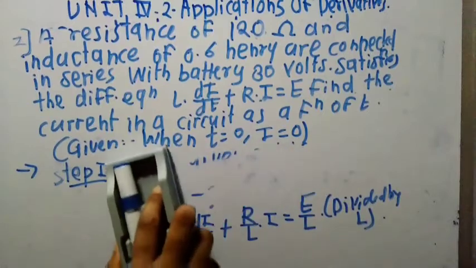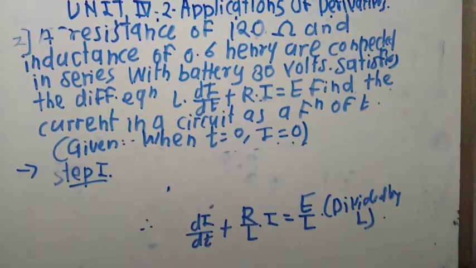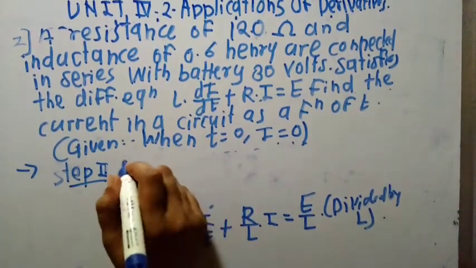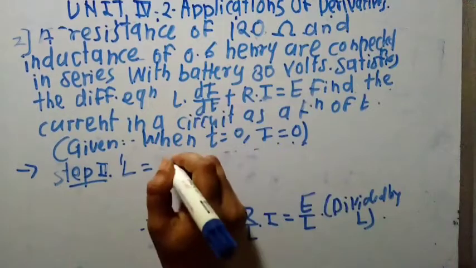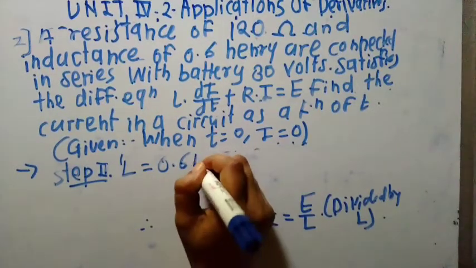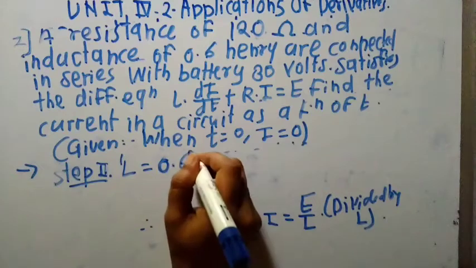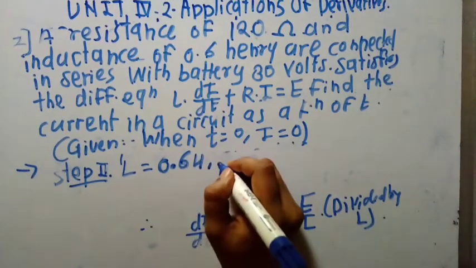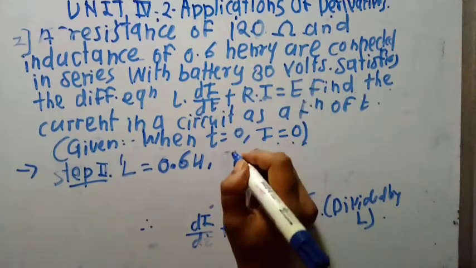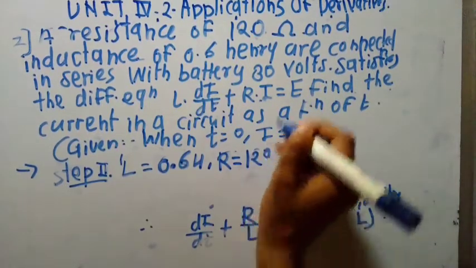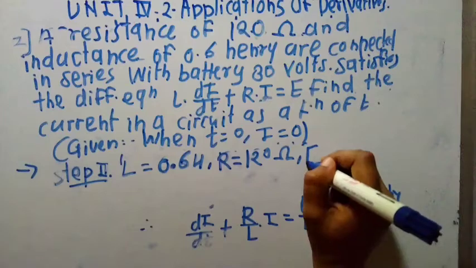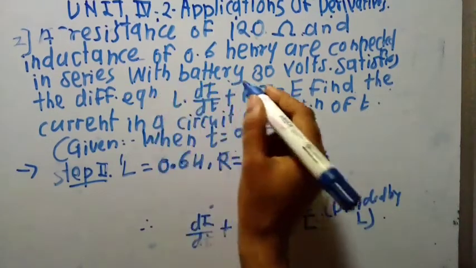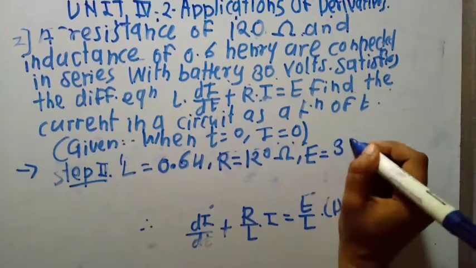Then step second. L means inductance, which is equal to 0.6 Henry, and resistance R is equal to 120 ohm, and the electric battery voltage is equal to 30 volts.